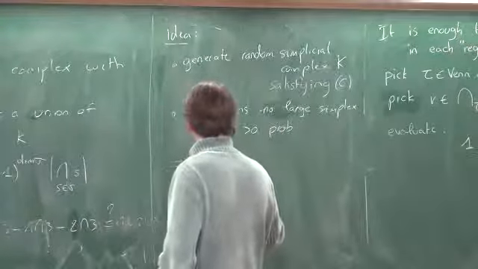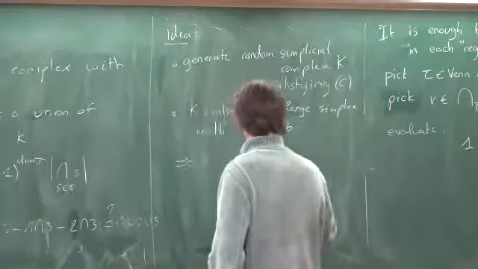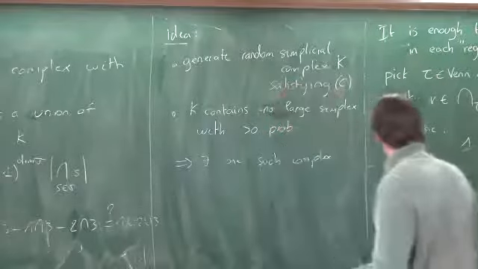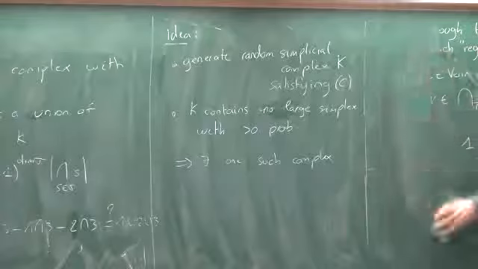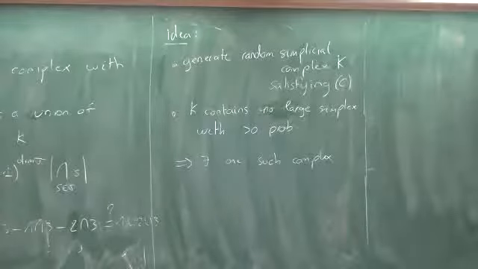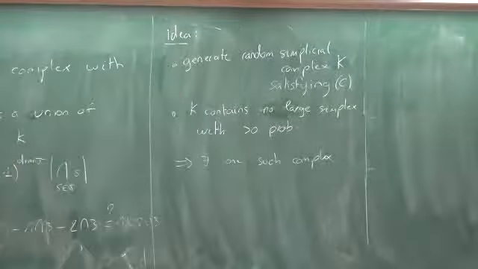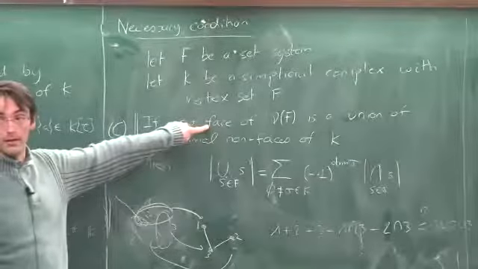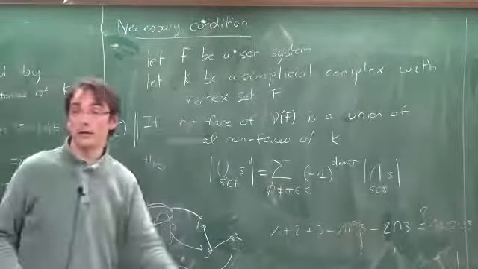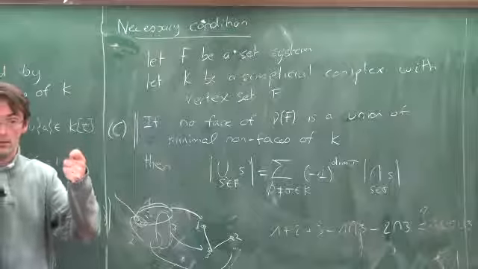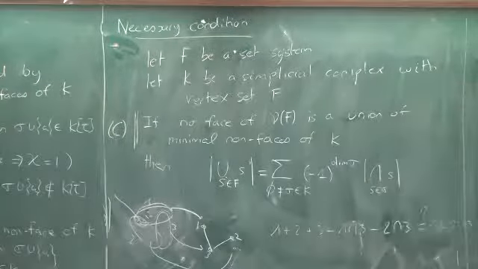How do you generate a random simplicial complex? Yes, I'm coming to that. If you're looking at this criterion, what it tells us is that every time we pick a face of the Venn diagram, there is some vertex of that face that witnesses that it's not covered by the minimal non-faces. So what I'm going to do is fix a selector.